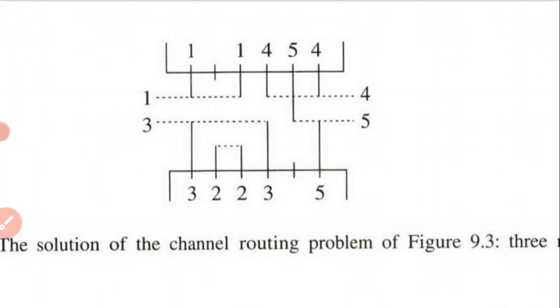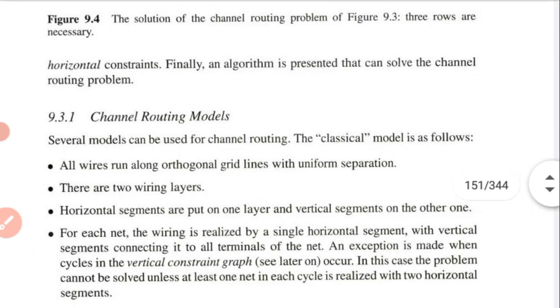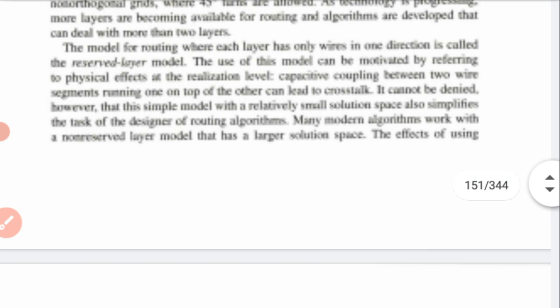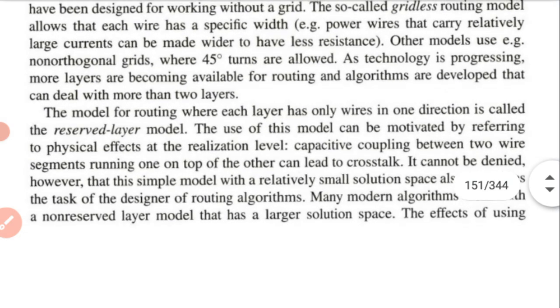The model for routing where each layer has only wires in one direction is called the reserved layer model. If there are wires in only one direction, we call it a reserved layer model.